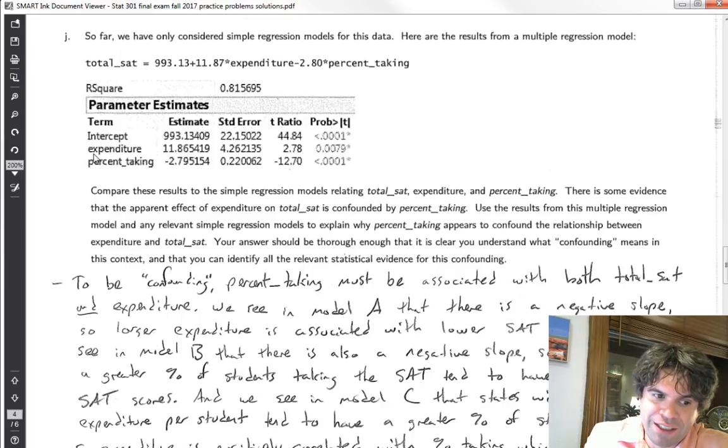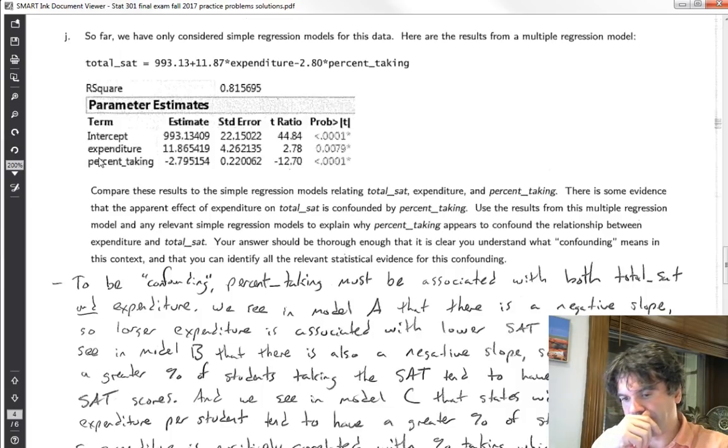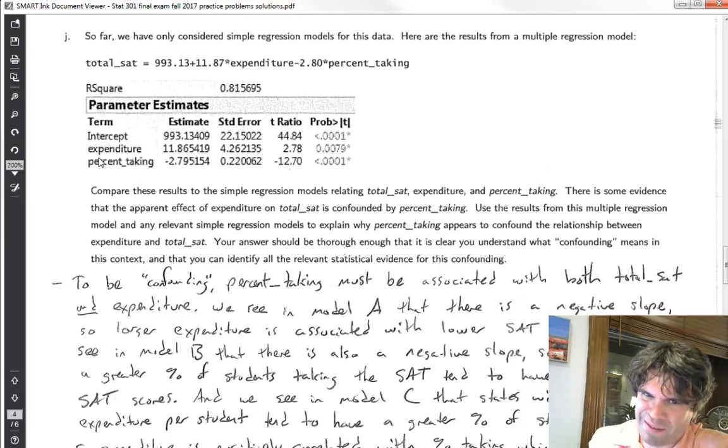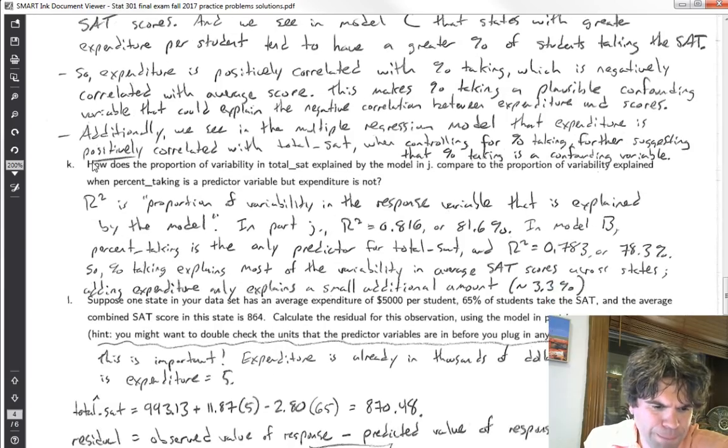Most of the action is in percent taking. Most of our ability to explain total SAT comes from knowing the percentage of students taking the SAT. Once you've done that, if you also know expenditure per student, that adds a little bit of predictive ability, or ability to explain total SAT, but it's not much. It's about 4% or 3%.